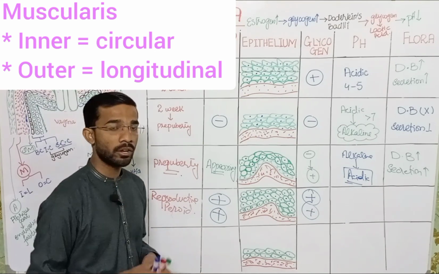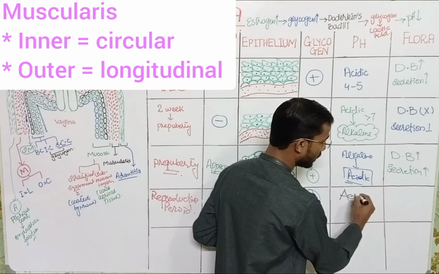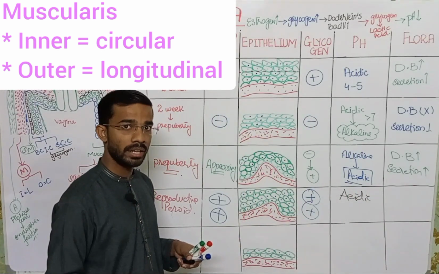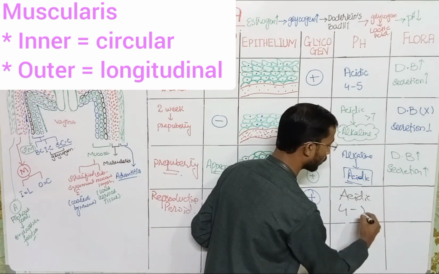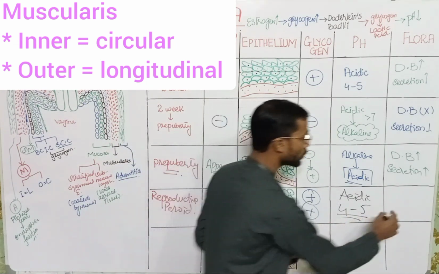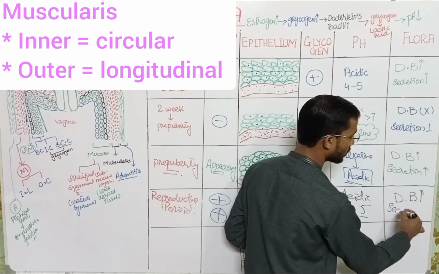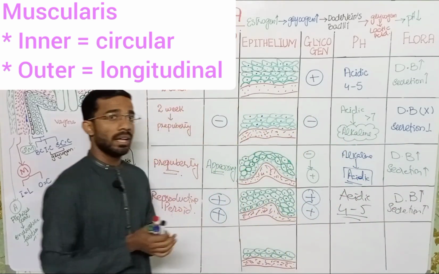If there is more glycogen, you will see the pH. This is the favorable condition for the Doderlein bacilli, and Doderlein converts more glycogen into lactic acid, and pH moves toward 4 to 5. And in that situation, you will see a lot of Doderlein bacilli, and the secretion becomes maximum.